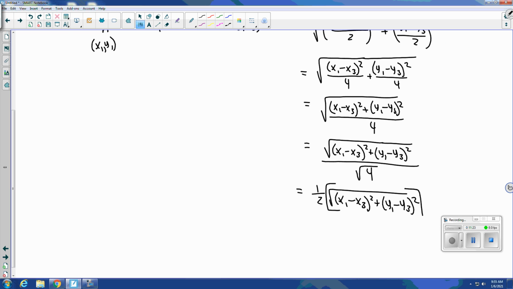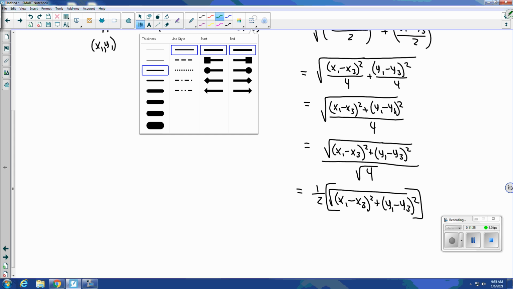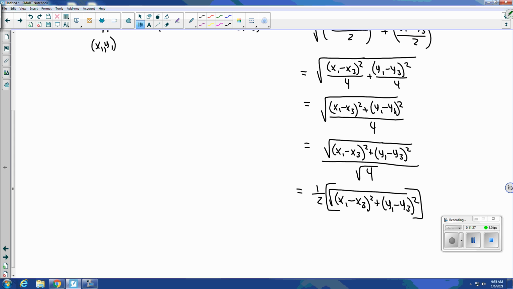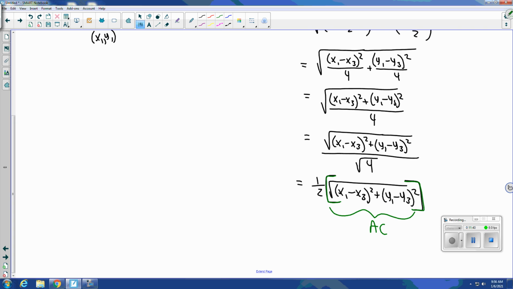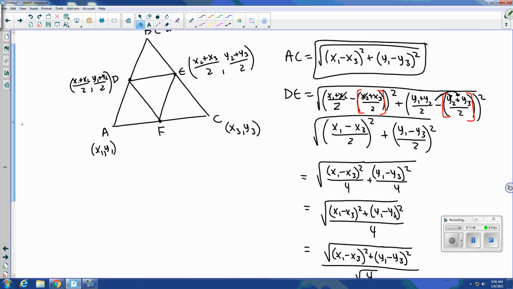So this piece here, that I'm boxing off, maybe I should do it in a different color, is the length of AC from what we first found. So this here is AC. So when we found the distance between D and E, we found out that that is 1/2 times the distance from AC. And we could repeat this process for the other midsegments, but the conclusion that we can draw is that the midsegment is half the length of the side it runs parallel to.